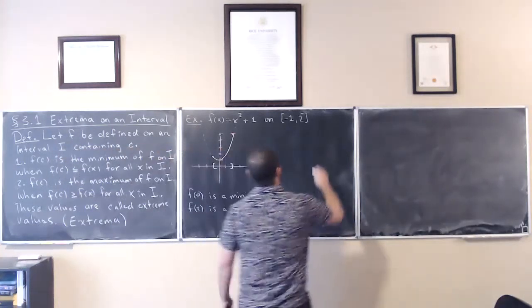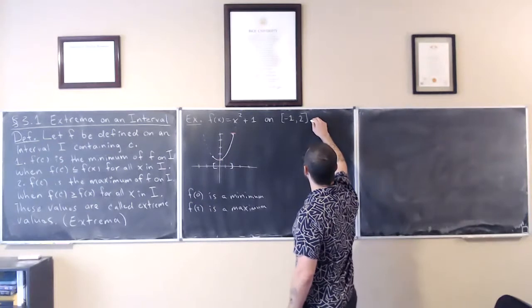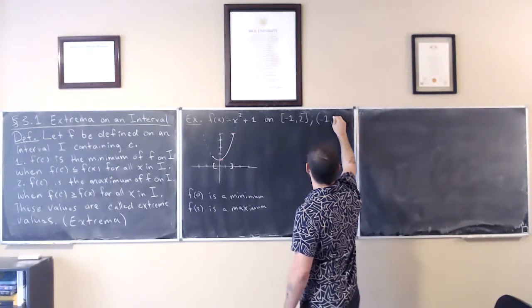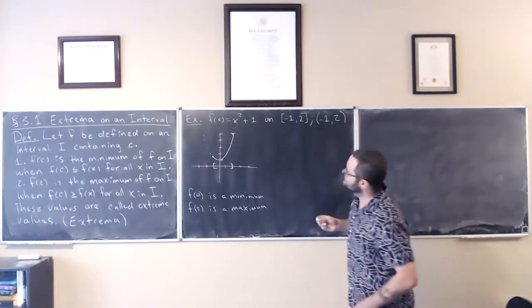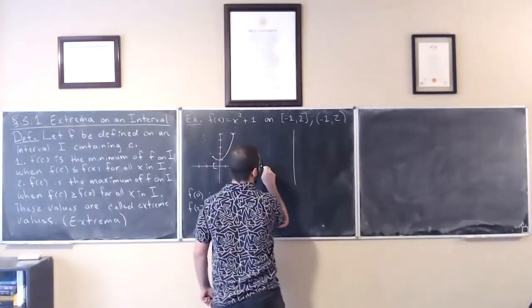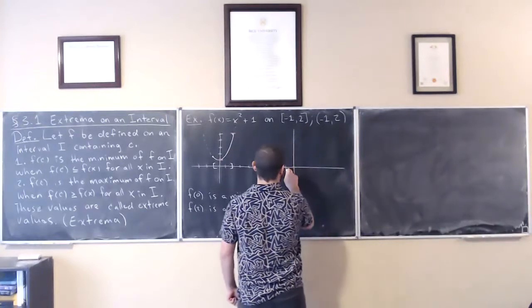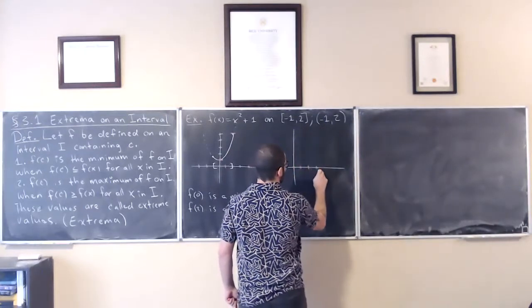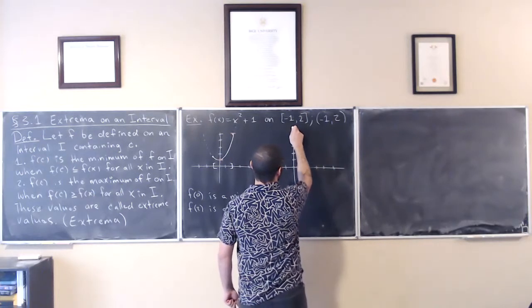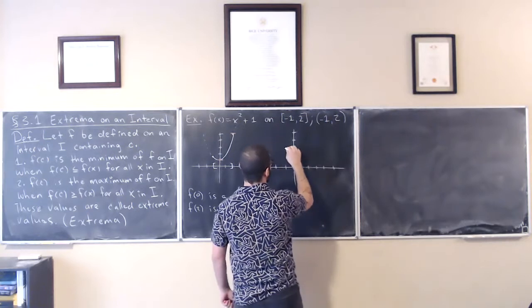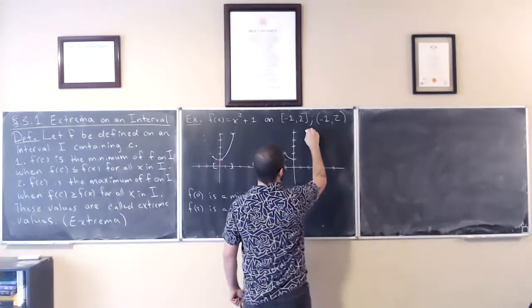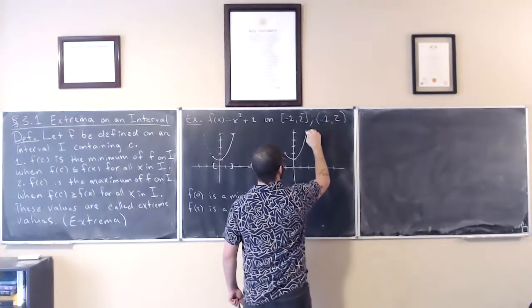Now, if we consider the open interval, -1 to 2, and if I draw this picture again, it would look something like that.